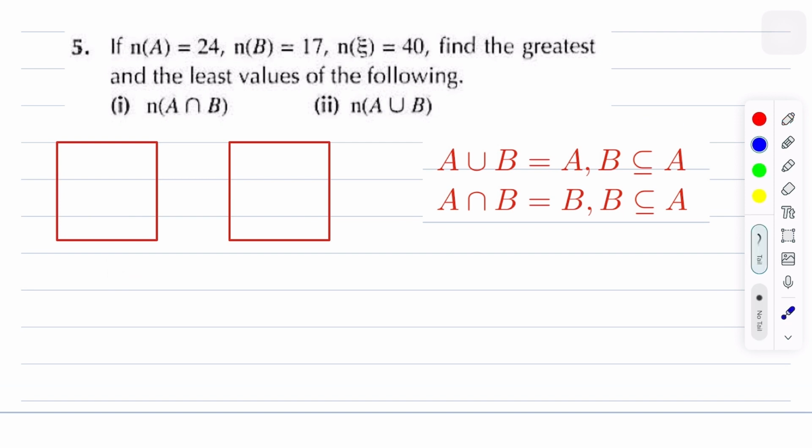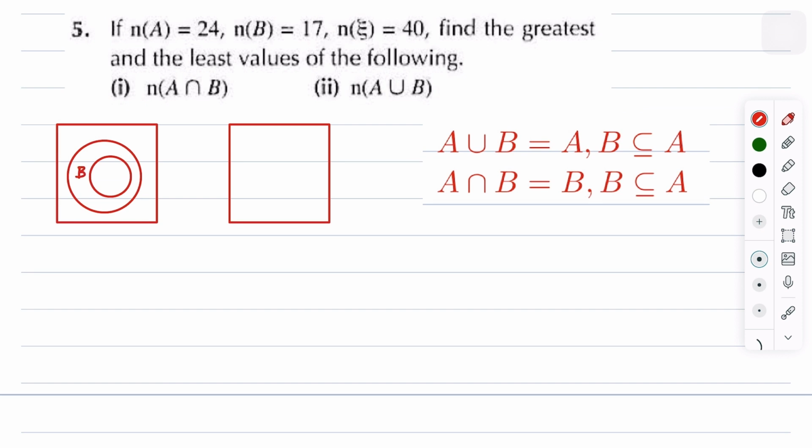Since the number of elements in B is less than the number of elements in set A, the first possibility is, this is your set B and it has 17 elements, and this is set A. We know the total number of elements in set A is 24, and if 17 are here, we will write the remaining elements in this portion. That means this is 7.